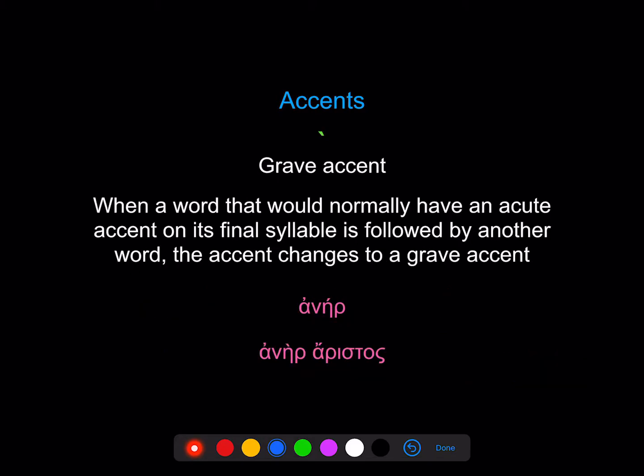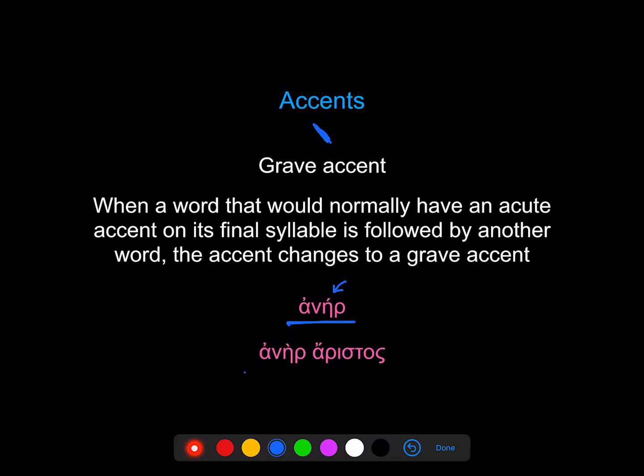A grave accent happens when a word that would normally have an acute accent on its final syllable, on its ultima, is followed immediately by another word. So here's a word, aner. It means man. And you can see it has an acute accent on its ultima.